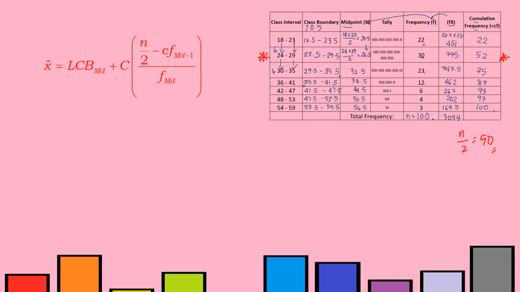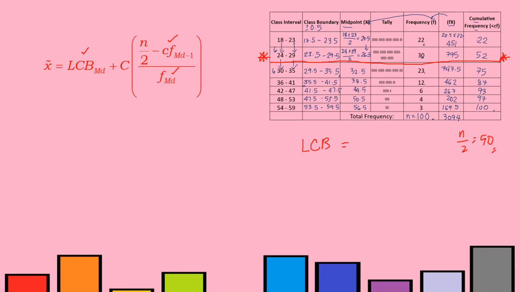Nandito siya sa part na yan. Ito yung ating titingnan. Yan yung pinakagitna, because of n divided by 2. And then, let's locate the LCB, and then CF, and then F. Okay? So, what is our lower class boundary?